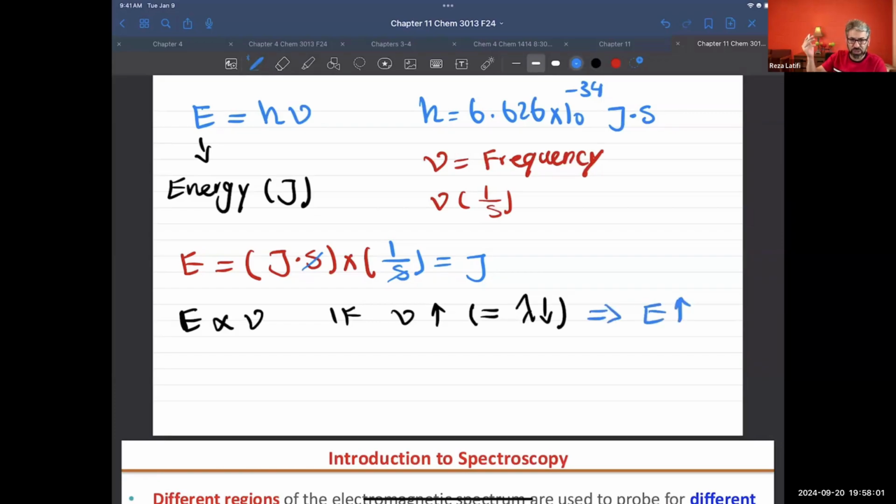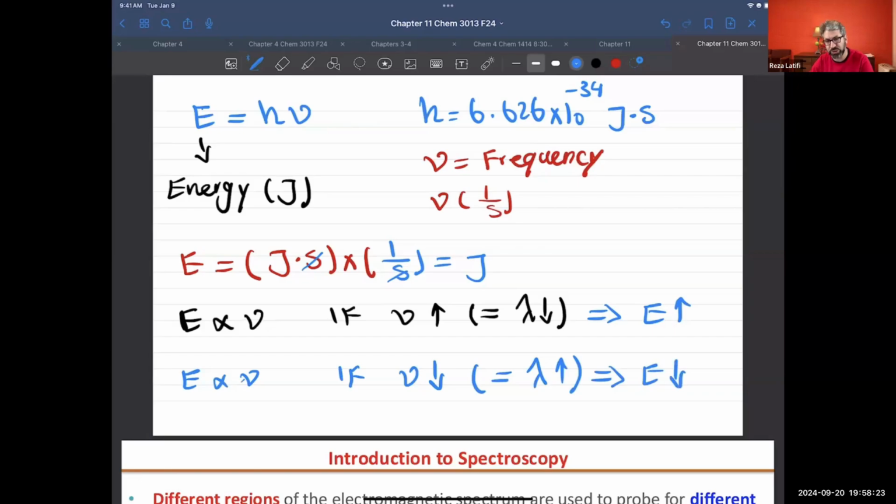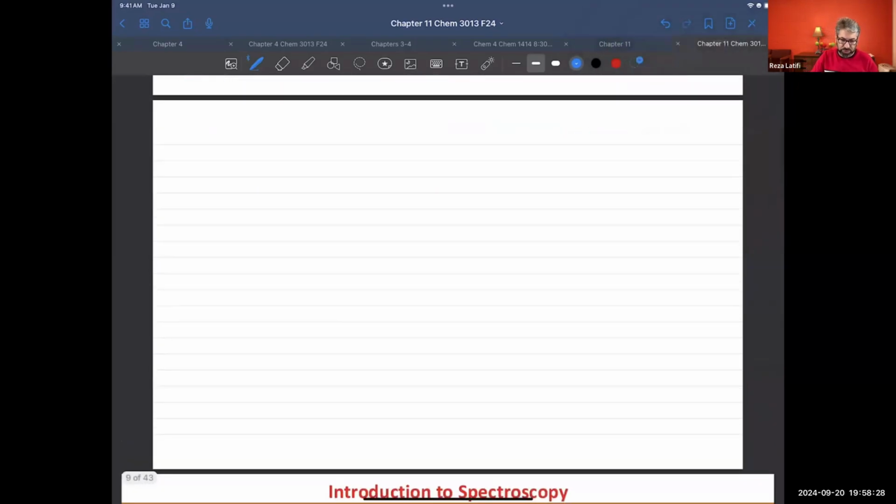So as the frequency goes up, we know wavelength is going to go down, and energy will go up. Next, if frequency goes down, which is equal to longer wavelength, that's going to give you smaller energy.